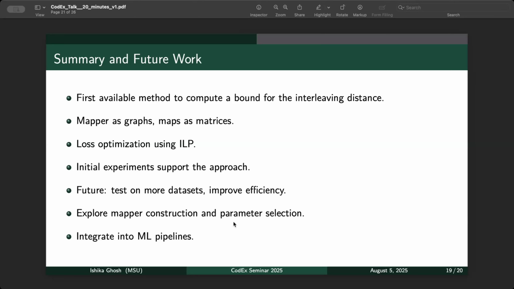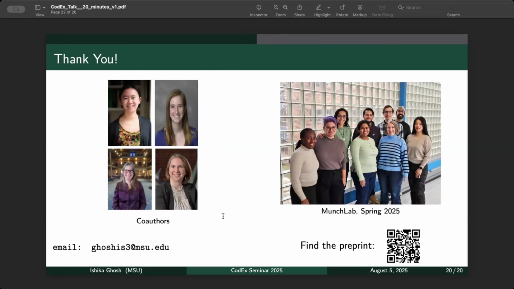So this opens an avenue for checking if I can guide better parameter selection using my process. And of course, I would want to integrate my workflow into some machine learning pipeline for better classification and other tasks.